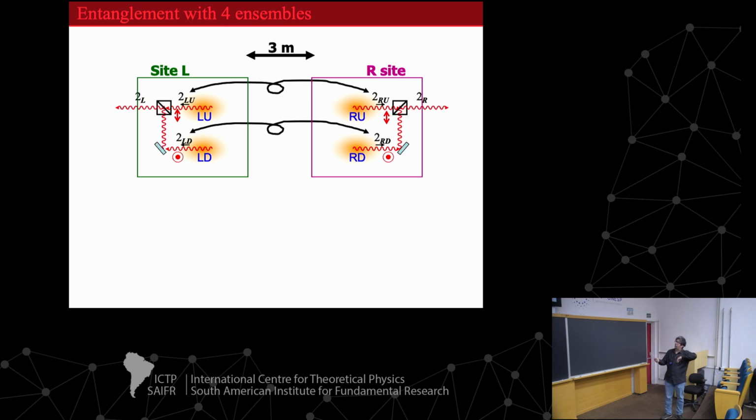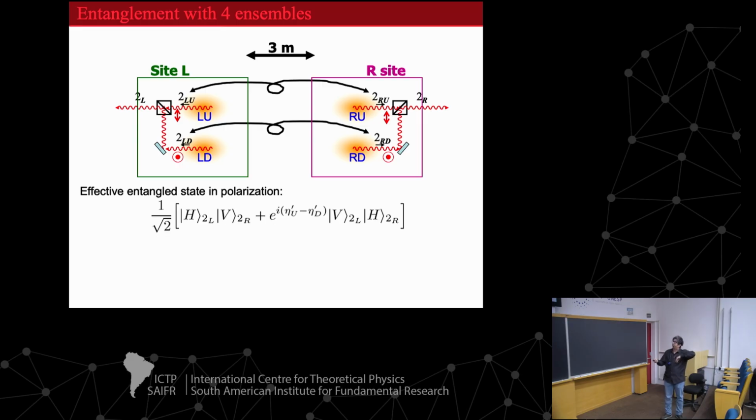Then I can combine them in a beam splitter and pass these two fields to analyze. After these beam splitters, if you condition on detecting one click here and one click here, you are going to have effectively this entangled state. Okay, that's the magic here.